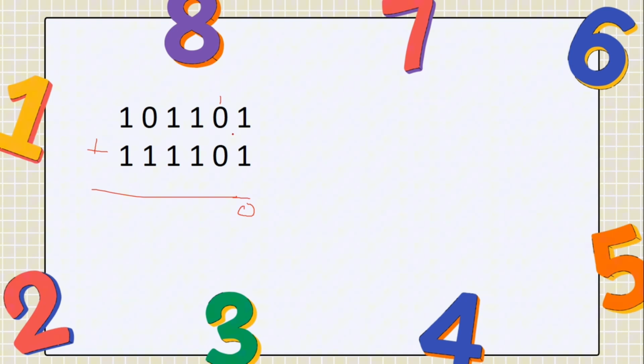So 1 plus 0 equals 1, then 1 plus 0 equals 1. 1 plus 1 equals 0, carry 1. 1 plus 1 is 0, place the 0 here, then carry 1. 0 plus 1 is 1. Next is 1 plus 0, 1. 1 plus 1 is 0, bring down 0, and carry 1. 1 plus 1 is 0, place the 0 here, and carry 1. 0 plus 1 is 1, then the carry of 1 left over is brought down.